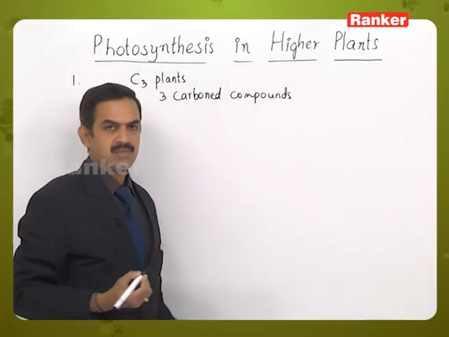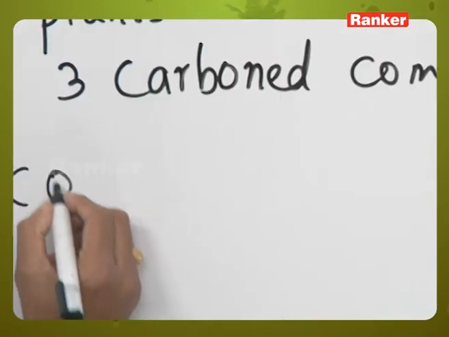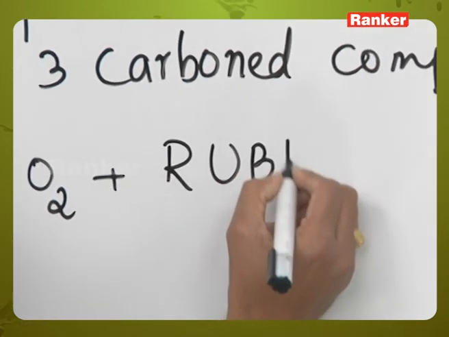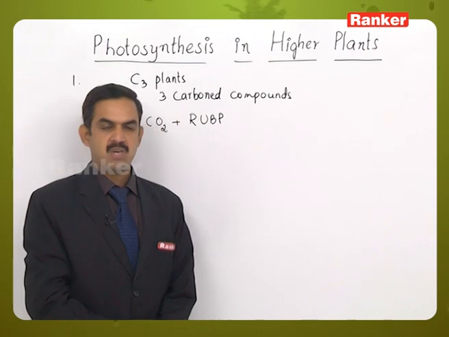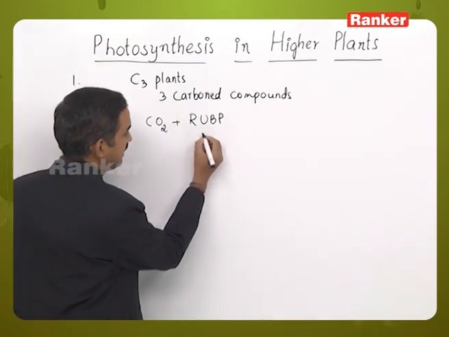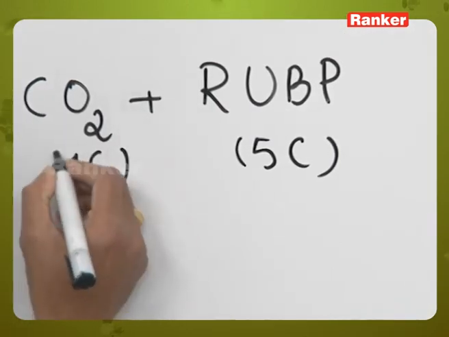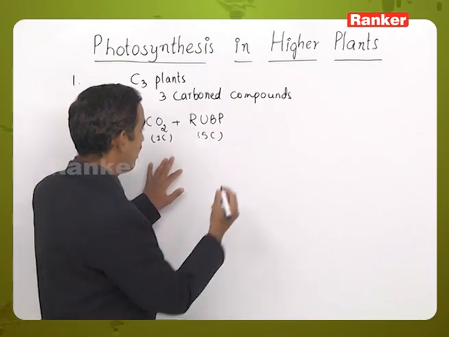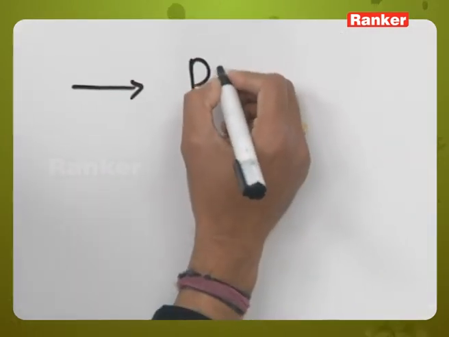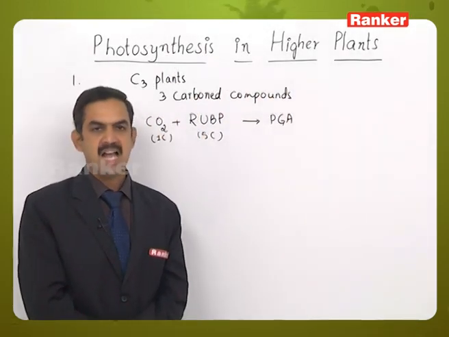In this process, carbon dioxide is accepted by the primary acceptor, that is RUBP, ribulose 1,5-bisphosphate. This is a 5-carbon compound, and carbon dioxide, as we know, contains only 1 carbon. These are converted into the first stable compound called PGA, that is phosphoglyceric acid.